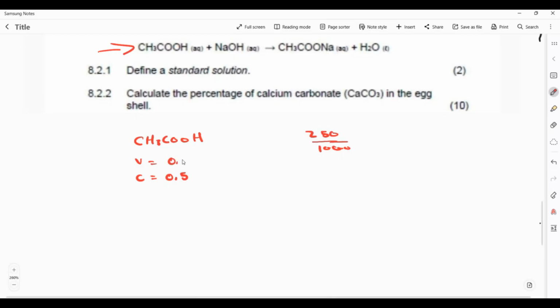The first thing that you are going to calculate is the number of moles. So you say C is equal to n over V. You have 0.5 is equal to n over the volume of 0.25. And then what is the number of moles?